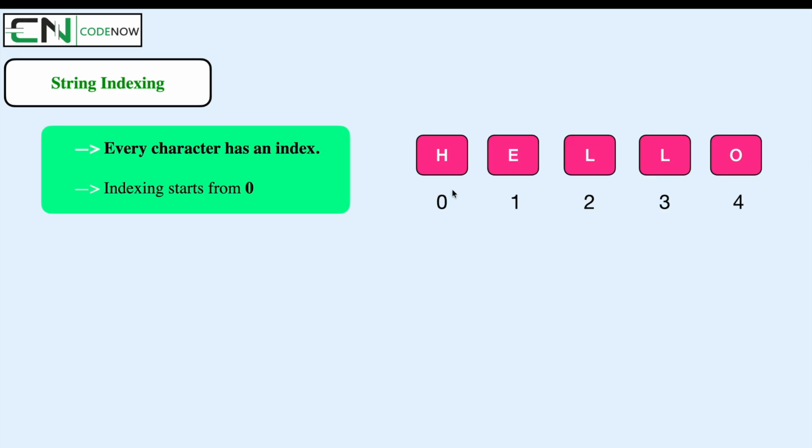The start index is 0. The 0th index represents the first character, which is H. The first index represents E, the second index represents L, the third index represents L, and the fourth index represents O. That's how indexing is given.